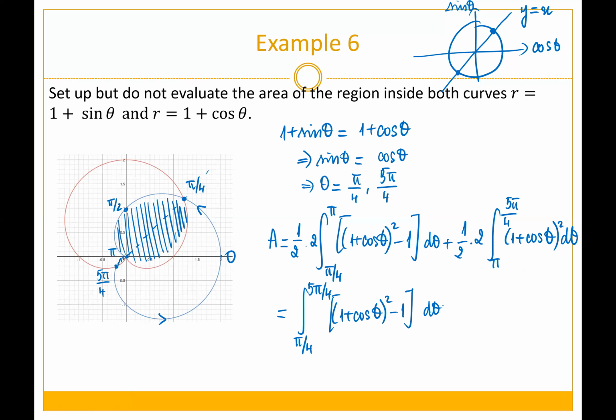Or if you want to do it on the other side, using sine theta as the outer curve, then let's see the starting point of sine. When theta equals 0, it's starting at 1, so it's starting from here. As you increase theta up to pi over 2, this is pi over 2, so this is where you have 0.